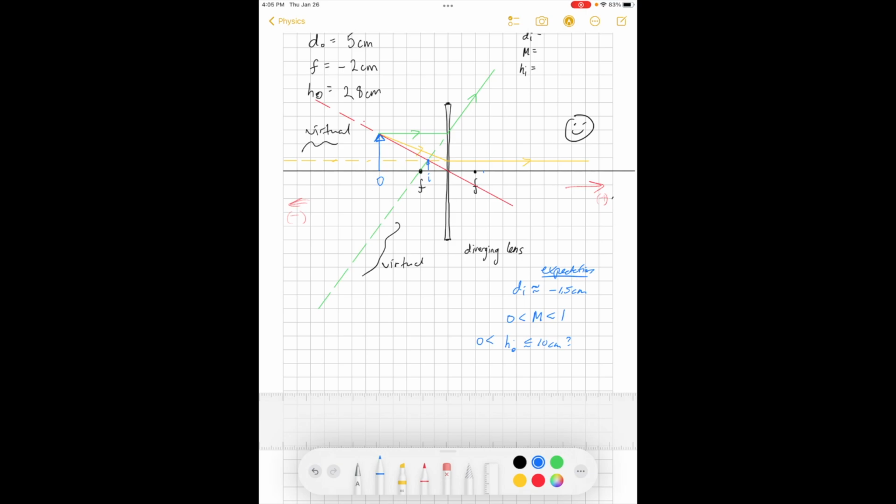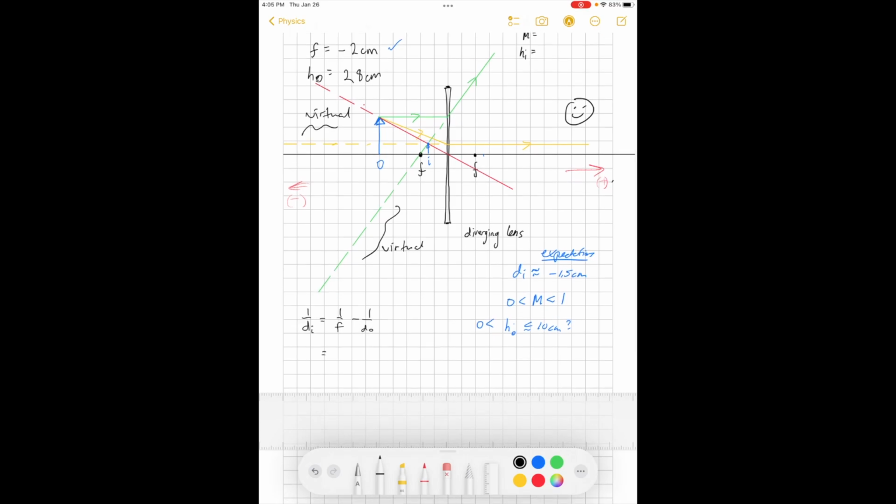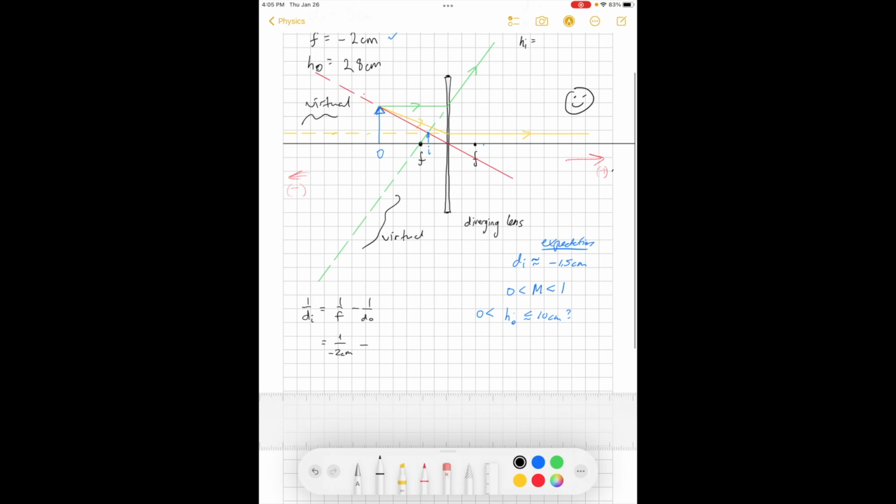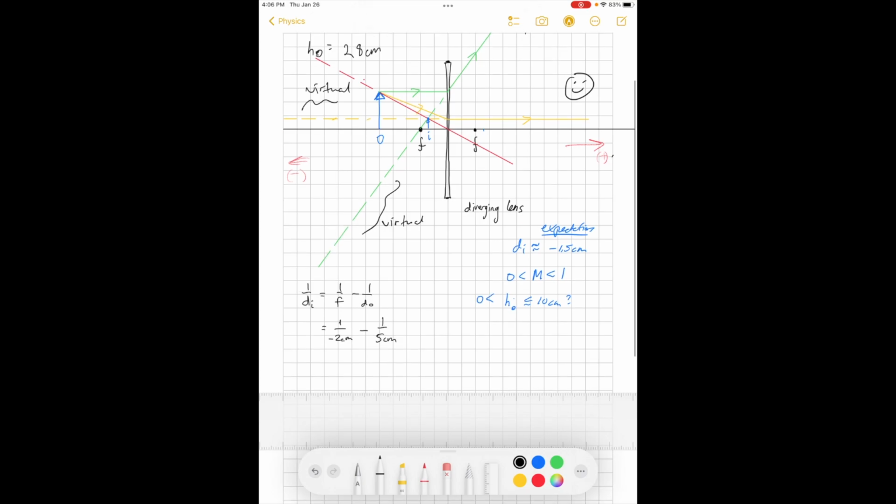So let's actually compute things. We're going to really need to keep track of the fact that the focal length is a negative number. Using our lens equation, let's figure out what is di. We can rearrange the lens equation to look like this, 1 over f minus 1 over do. Focal length is negative, so let's write this as 1 over minus 2 centimeters and subtract the object distance, which is 5 centimeters.